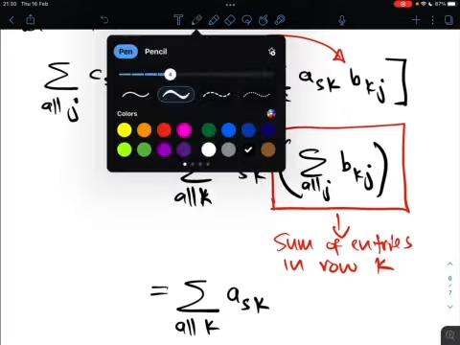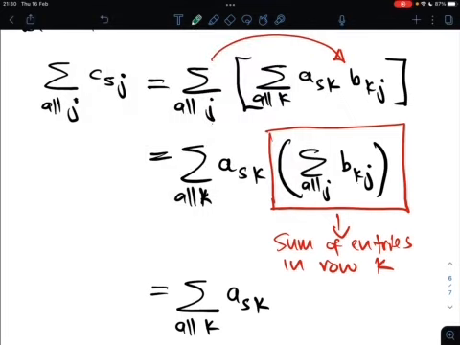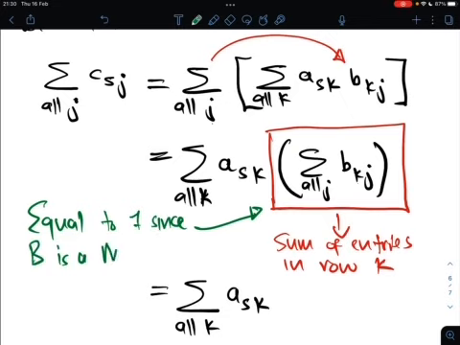Let me add another comment. This is equal to 1 since B is a Markov matrix. Since B is a Markov matrix, the expression in the red box is going to sum to 1 because it's summing entries in row k in matrix B. So that becomes 1.